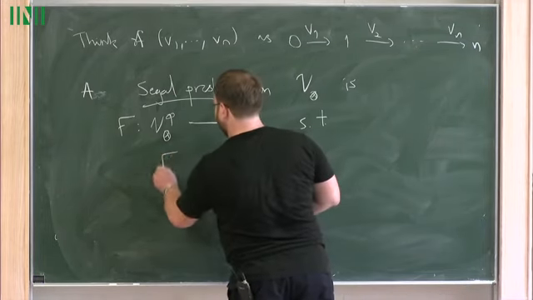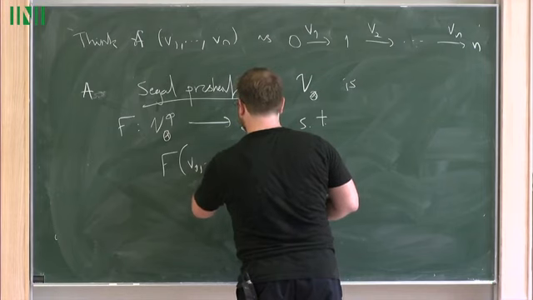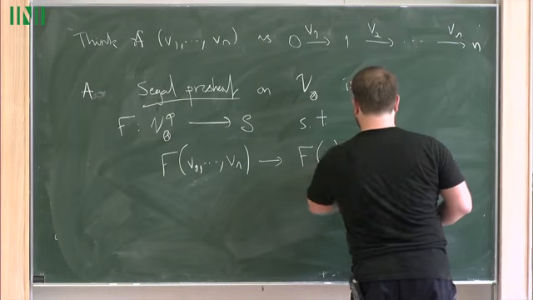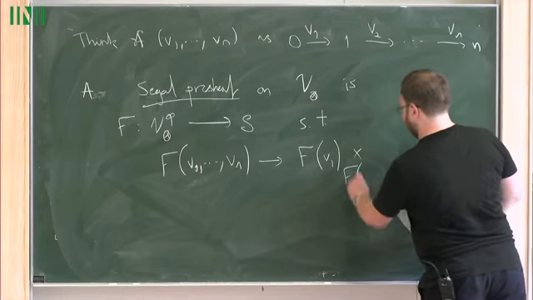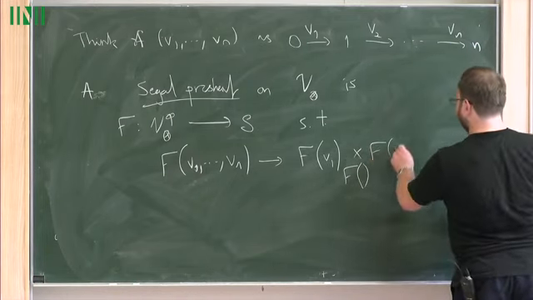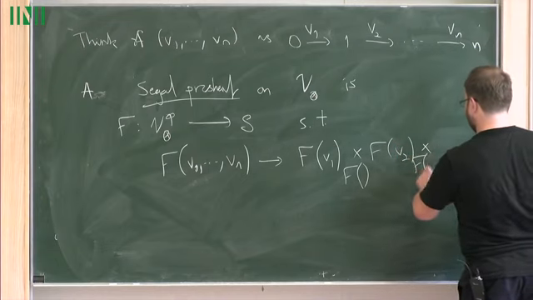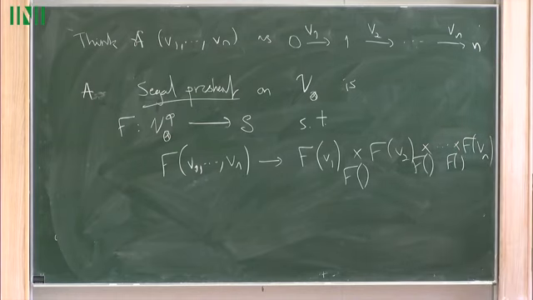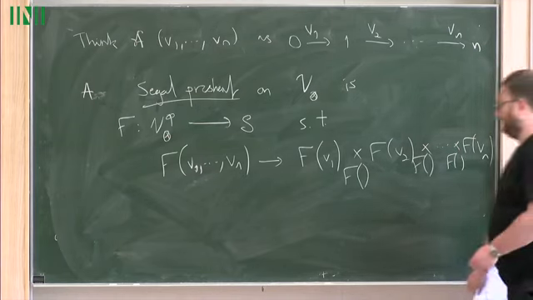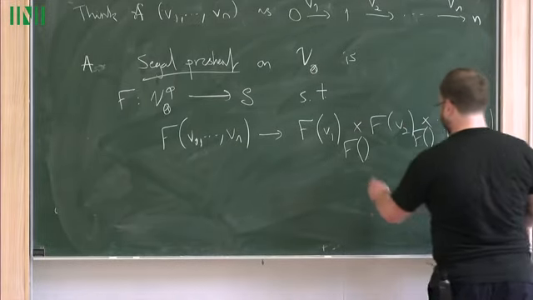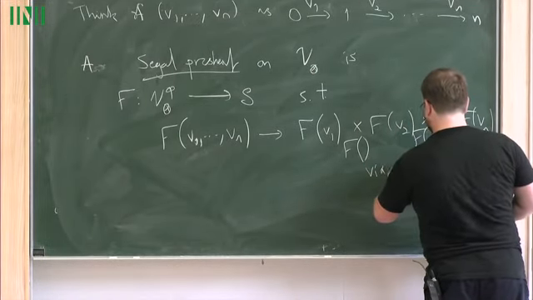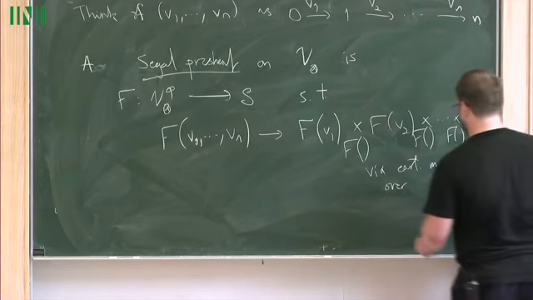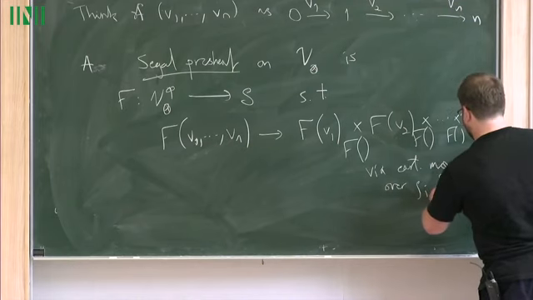We want to say that F of V1 up to Vn is the iterated fiber product of F of V1 over F of the empty list, F of V2, and so on, via the Cartesian morphisms lying over the maps that define the Segal condition. So the Cartesian morphisms that lie over the rho i's and the maps 0 to n.